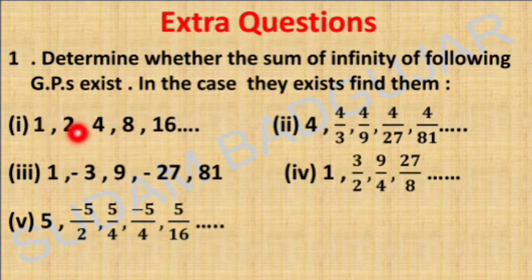T2 upon T1 means R is 2. The sum to infinity of GP does not exist for the first one. Okay, you have to find this out. The second is also not. For the third, R is -3 here, but absolute value of -3 is 3, which is not less than 1, so its sum does not exist.